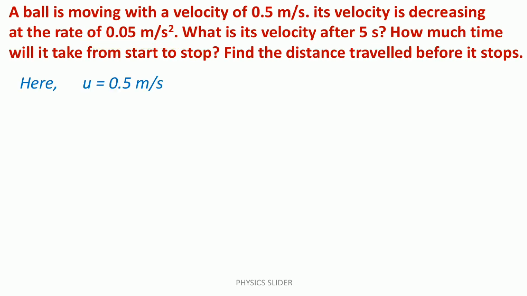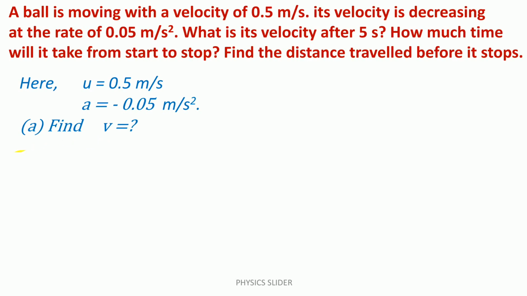So u is equal to 0.5 meter per second because this is the initial velocity. The negative acceleration is minus 0.05 meter per second square. What is the velocity after 5 seconds?